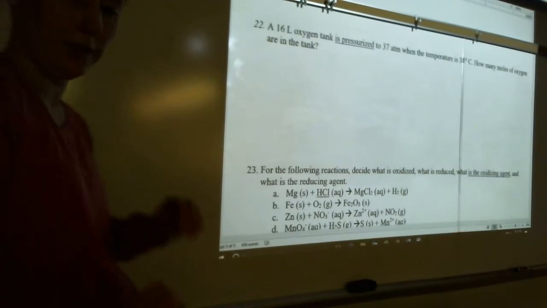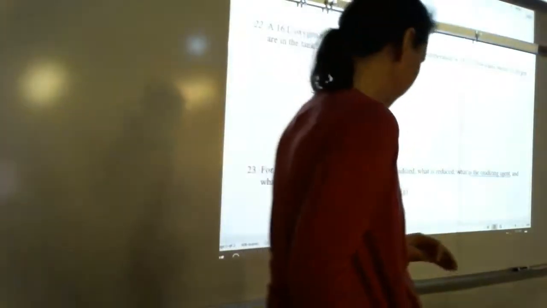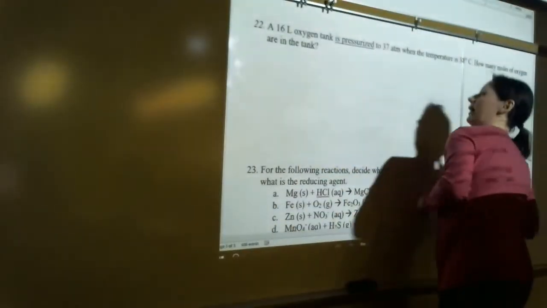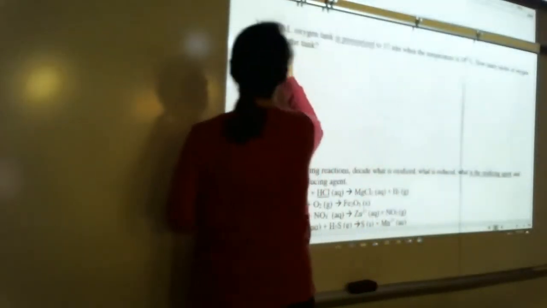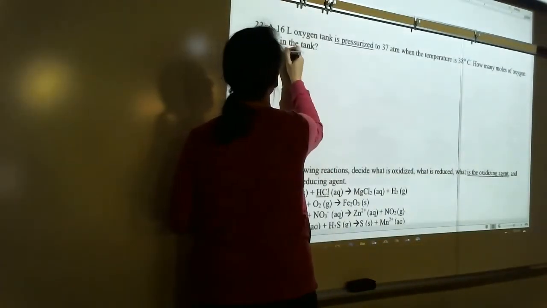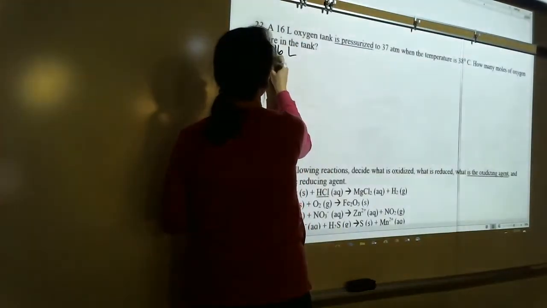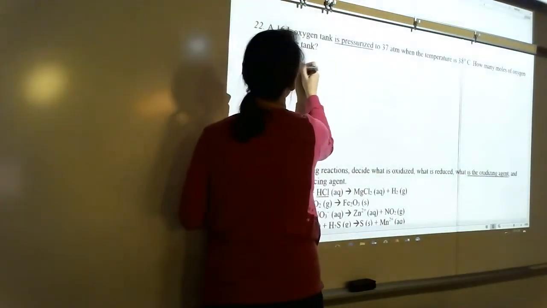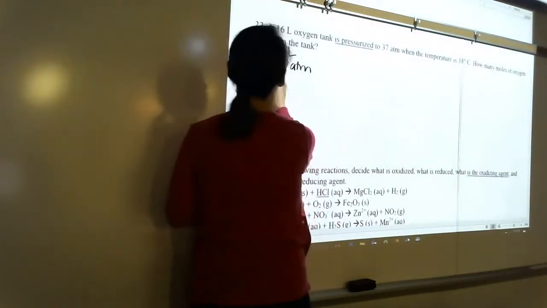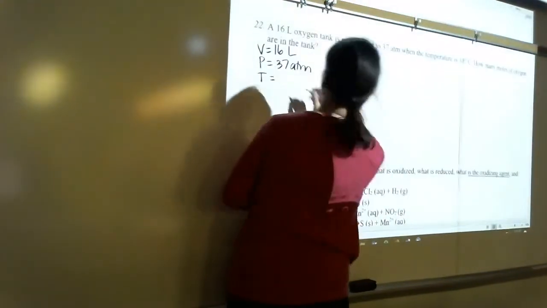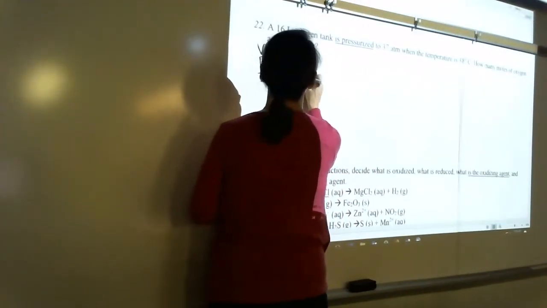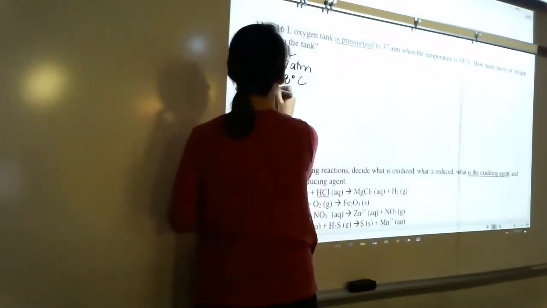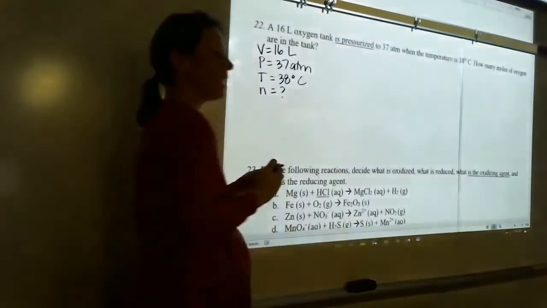Okay, so this is another gas problem. We've got volume is 16 liters, pressure is 37 atmospheres, temperature is 38 degrees Celsius, and I want to know number of moles. There's only one gas law that works here.